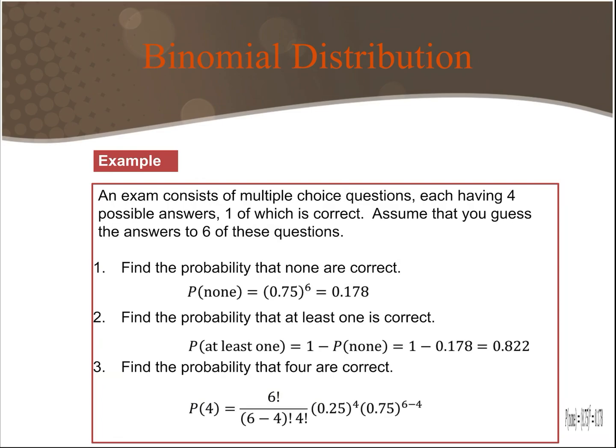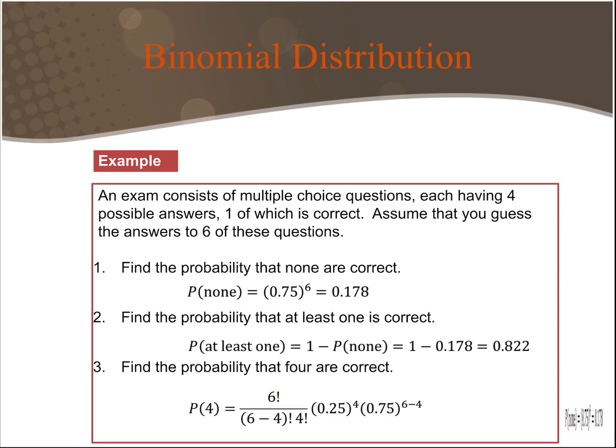So 4 correct would be 4 successes. X is equal to 4. So the probability of 4 successes, and 6 is the number of trials. So n is equal to 6. So plugging n equals 6 and x equals 4 into the first part of our probability formula gives us 6 factorial over 6 minus 4 factorial times 4 factorial.